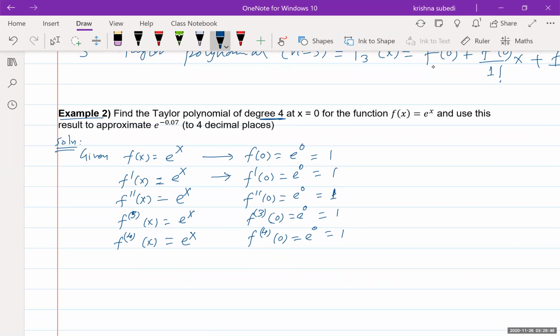So let us write the Taylor polynomial of degree 4. Let me just copy the formula. Again, if you memorize this formula, great. If not, it will be given to you in the exam, by the way.